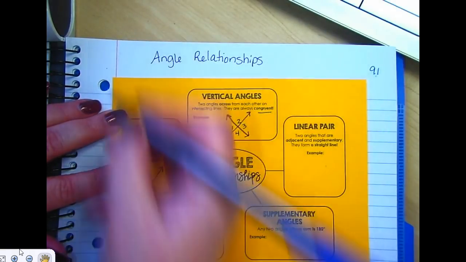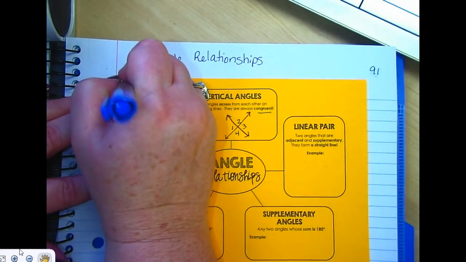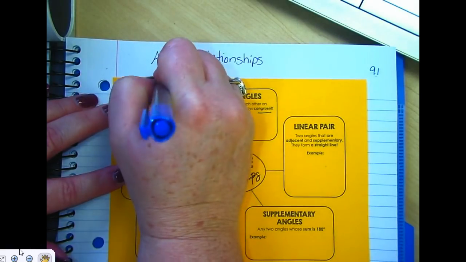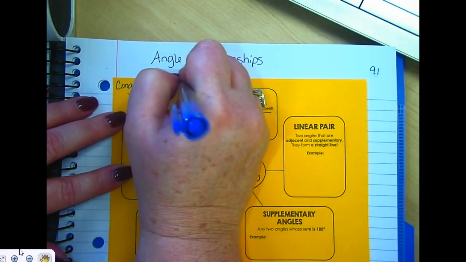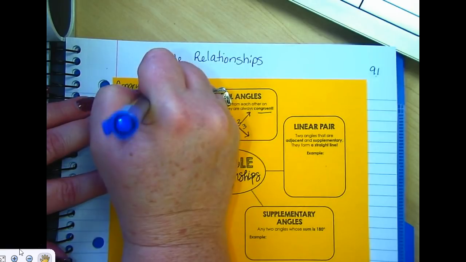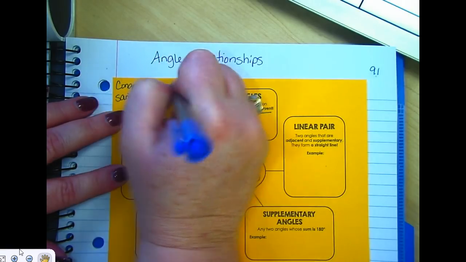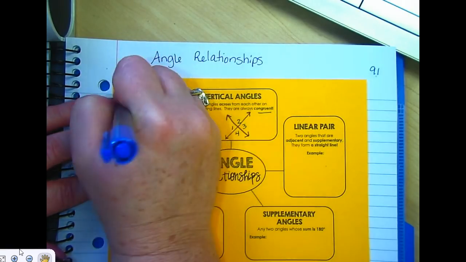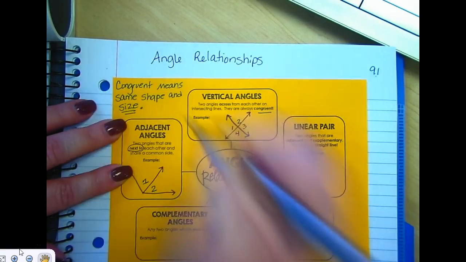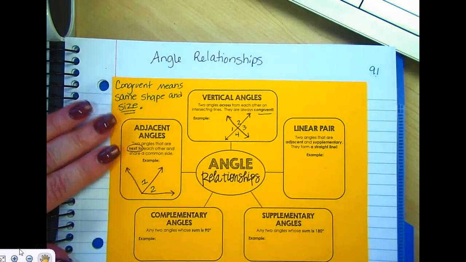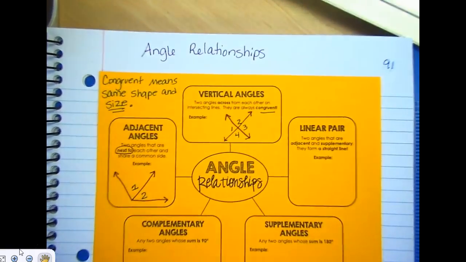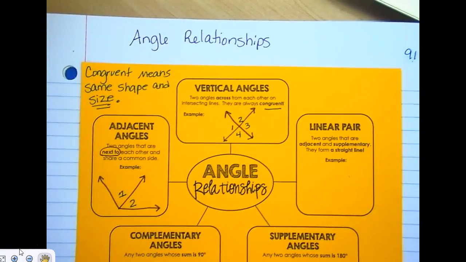We need to write that over here. Same shape and same size. So if they are vertical angles, they are also congruent.